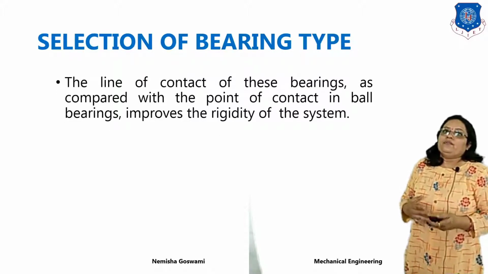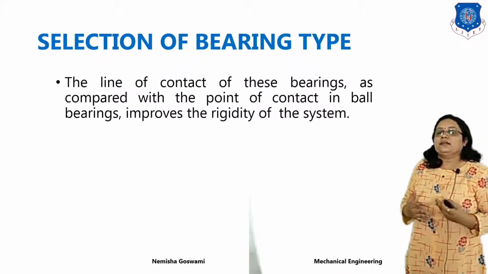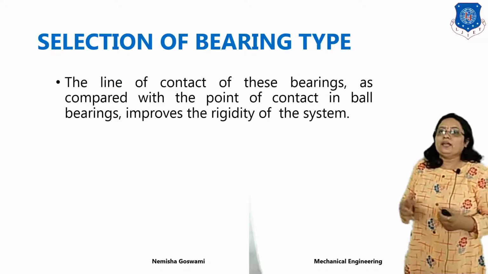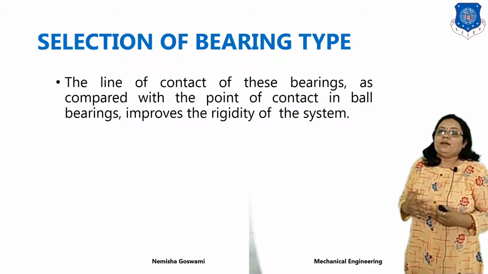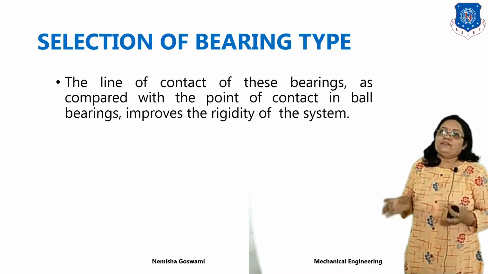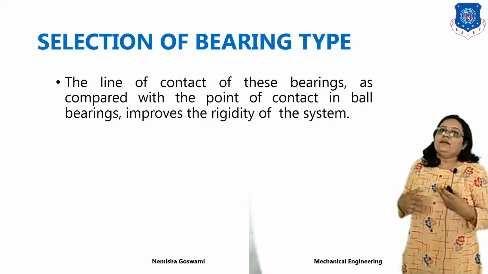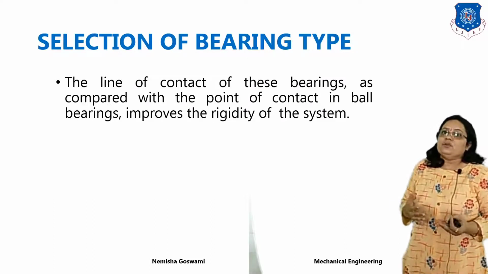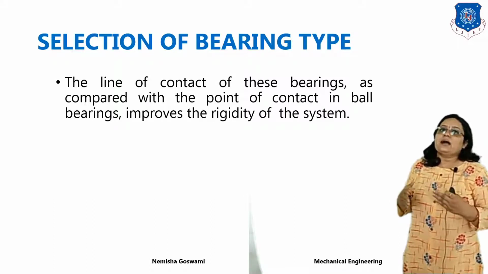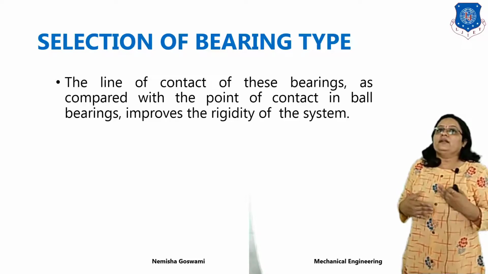Now, the next selection criterion is the line of contact of the bearing: where we require line contact, where we require point contact, and when we require surface contact. On that basis, these are used for different applications.